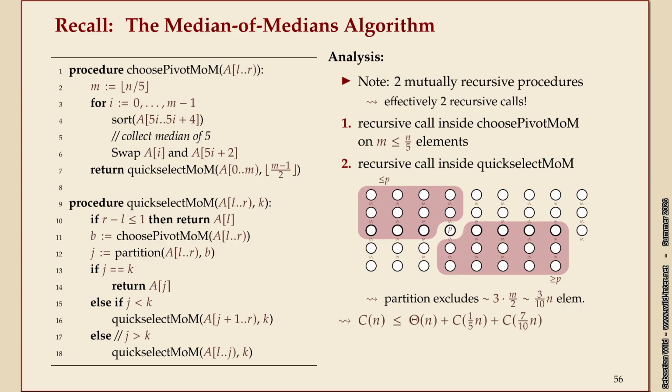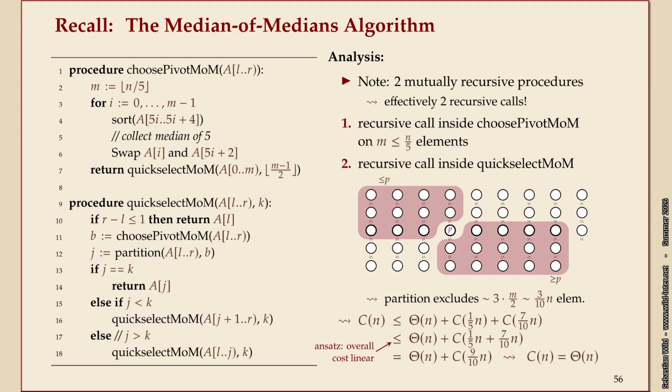All right. And then you can finish off the analysis with a recurrence. The total cost of applying this algorithm on n total elements is some linear cost. This is for partitioning mostly, and also for the sorting of the columns. Then we have 1 recursive call on a fifth of the elements, and 1 recursive call on at most 7/10 of the elements.